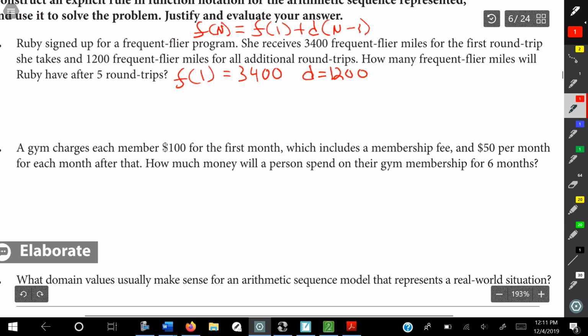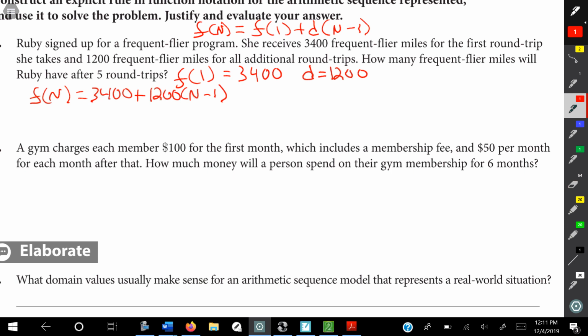I'm going to plug the first term in, which is f of n is equal to our first term, 3,400, plus the common difference, which is 1,200, times n minus 1. All right, so that's the explicit rule.